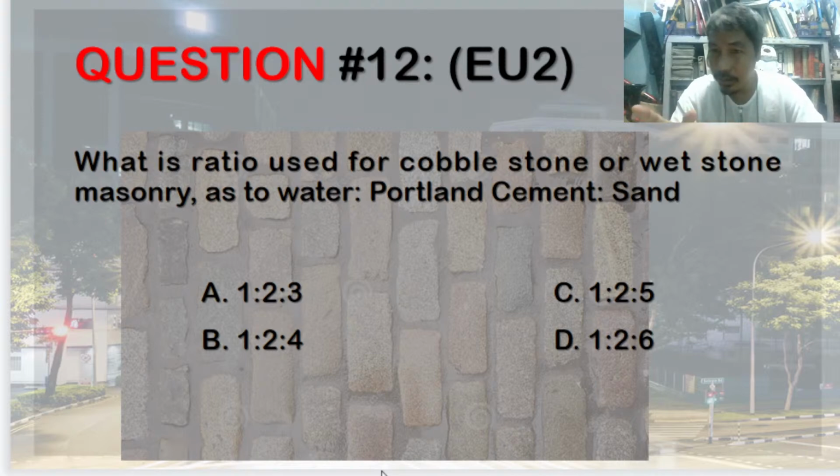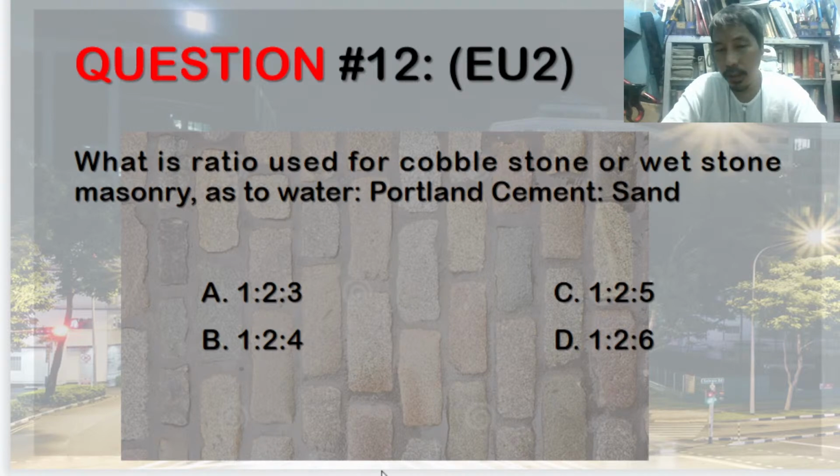So, assignment: research in your geotechnical subject what the actual size of cobblestone is. For the ratio of water to cement to sand for cobblestone, the answer would be letter D, 1:2:6.